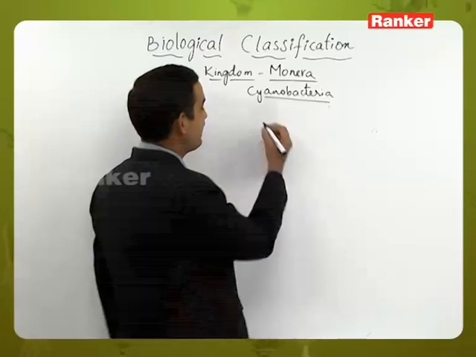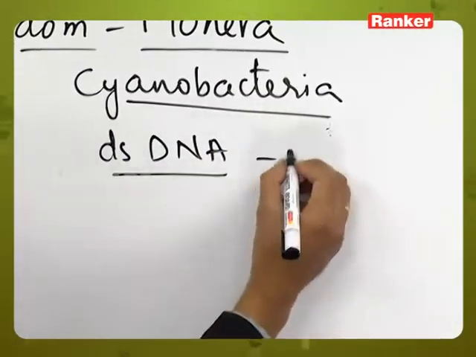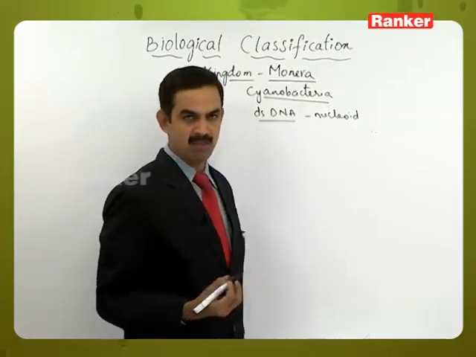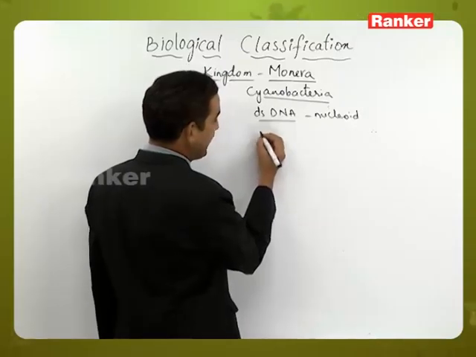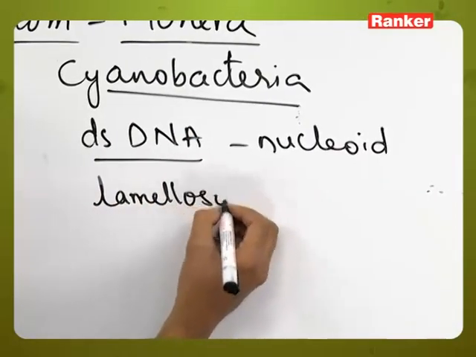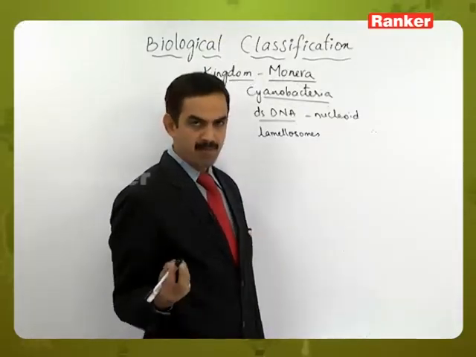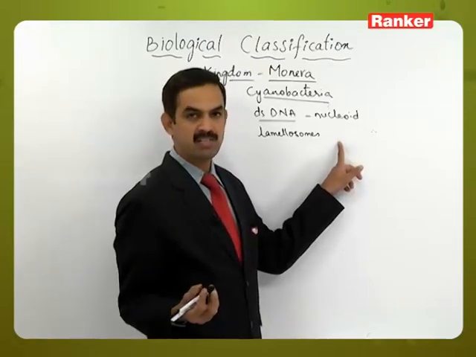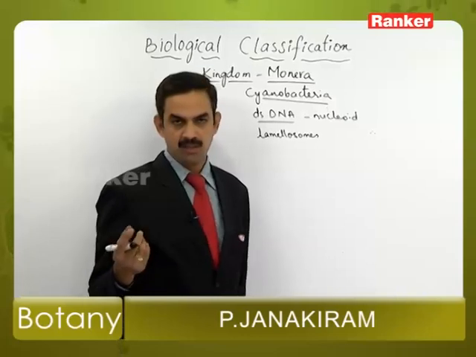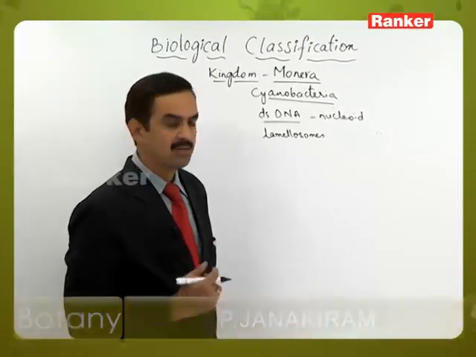The genetic material, as we discussed, is in the form of double-stranded naked circular DNA. We call it a nucleoid, like that of the eubacterial members. And the pigments are present in special structures called lamellosomes. Lamellosomes are membranous structures which contain the pigments. The cytoplasm contains 70S type of ribosomes, and they lack other types of structures.